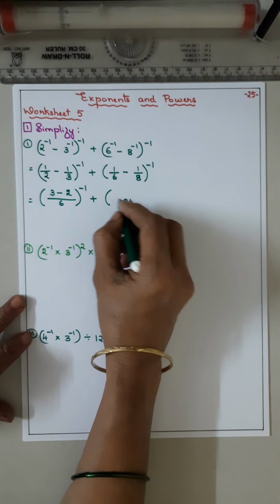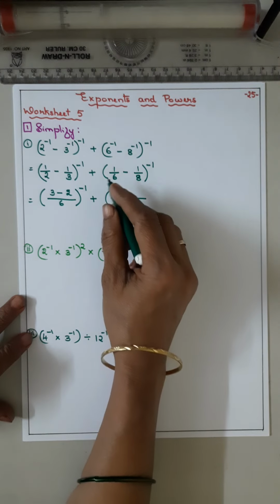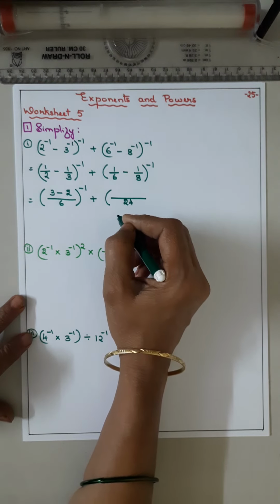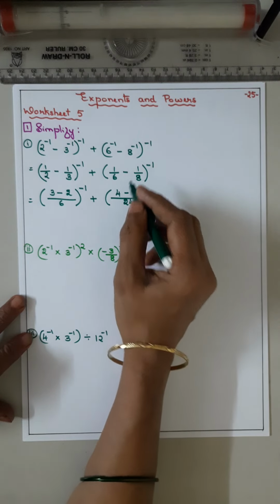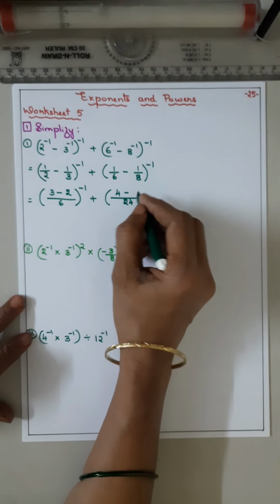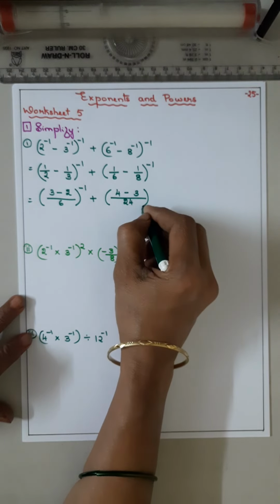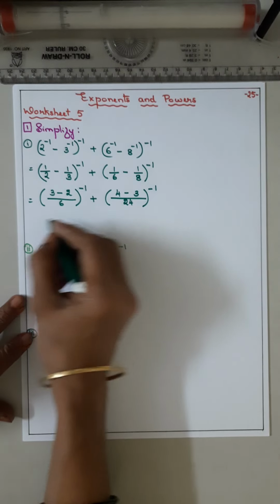So 24: 6 4s are 24, 4 1s are 4, minus 8 3s are 24, 3 1s are 3, raised to minus 1.